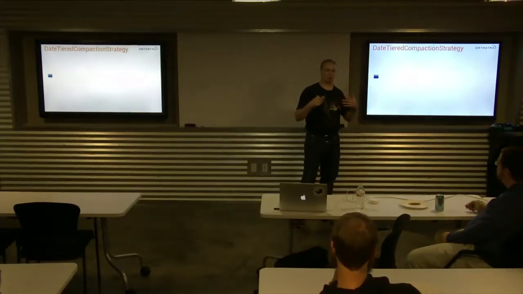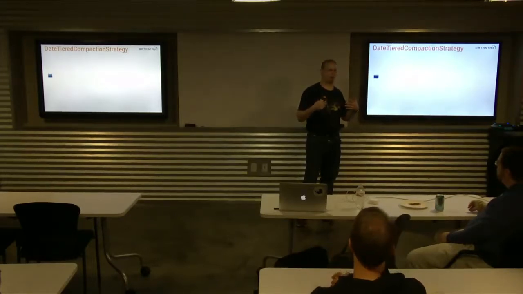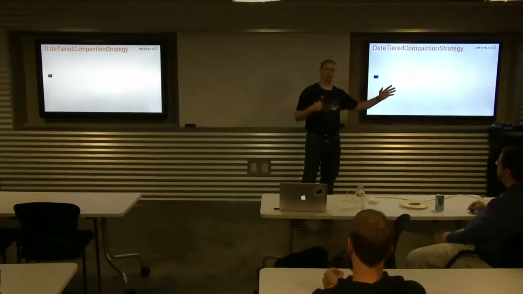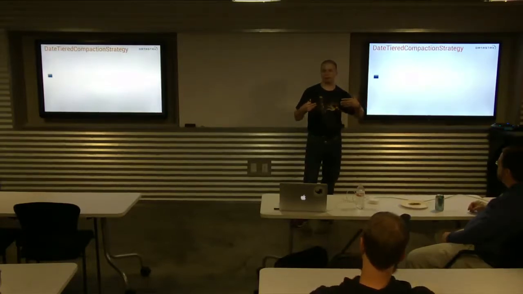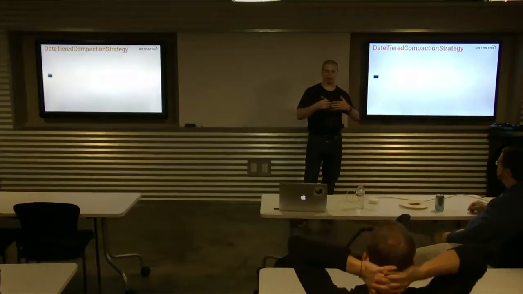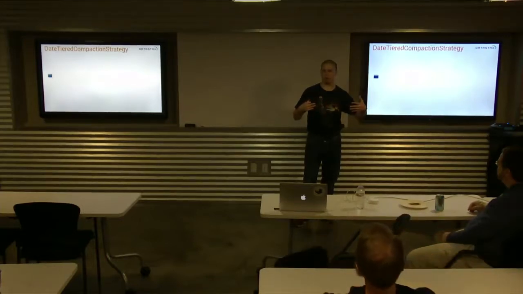And we're trying to take advantage of some of the properties of time series data, one of which is once I insert a data point, it doesn't change. And another is I'm inserting my data in mostly chronological order. And I say mostly because there's some tolerance for events that arrive out of order.